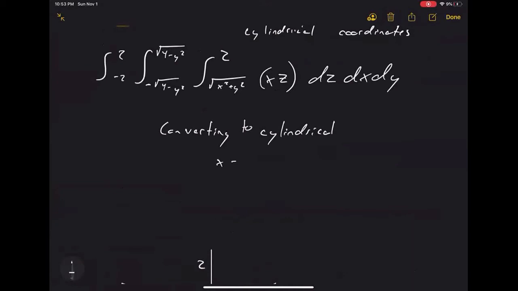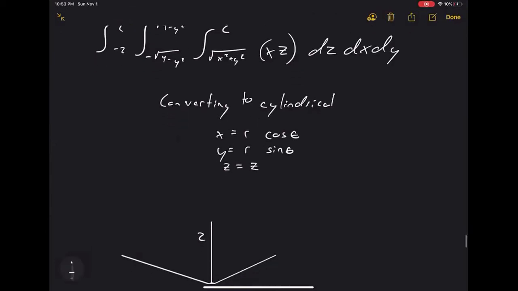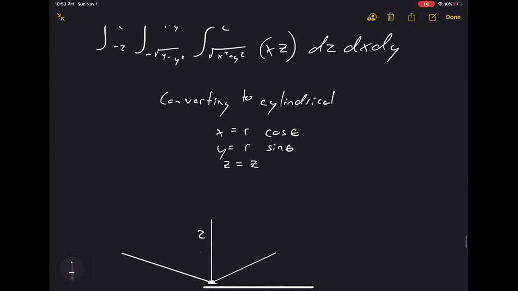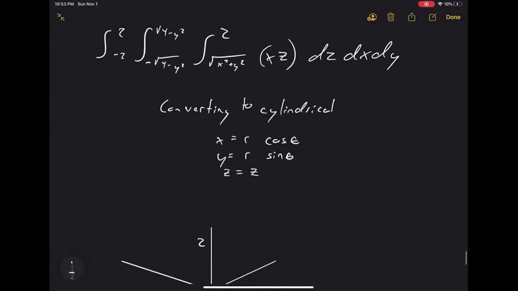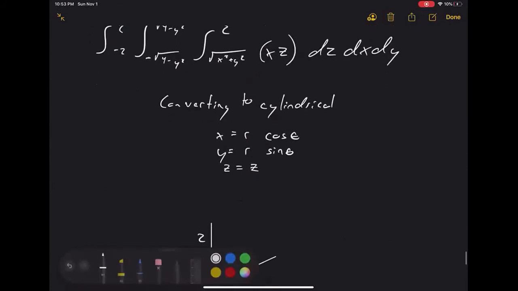We just have x equals r cosine theta, y equals r sine theta. Okay, z is equal to z. So z doesn't change. And so this conversion of this function in parentheses is really easy, right? We just replace x with r cosine theta, z stays the same. And then even the dx, dy, dz stuff is pretty easy.